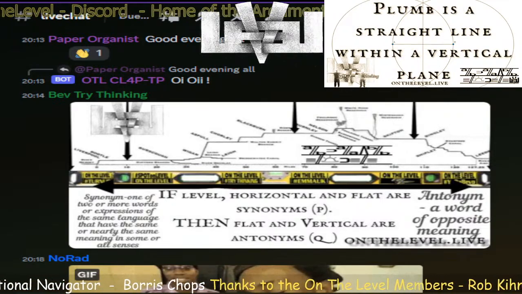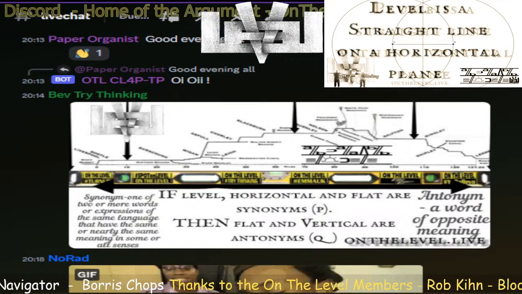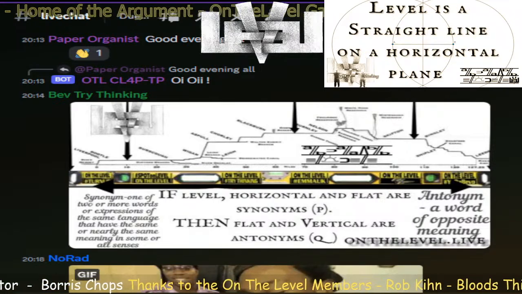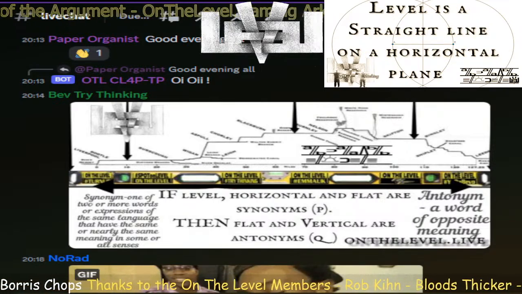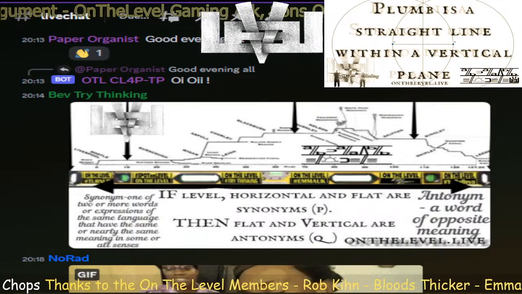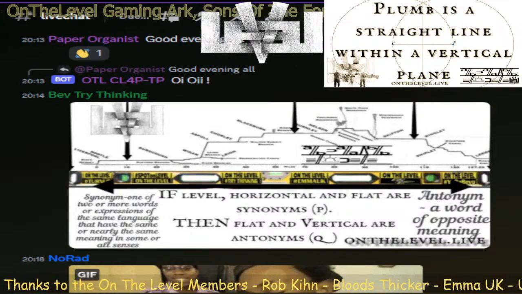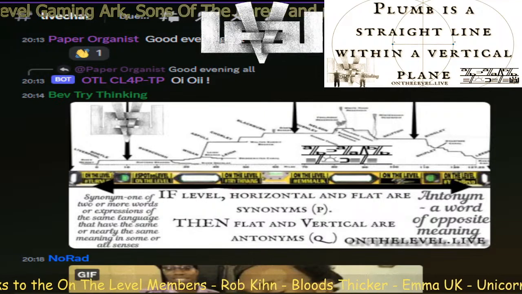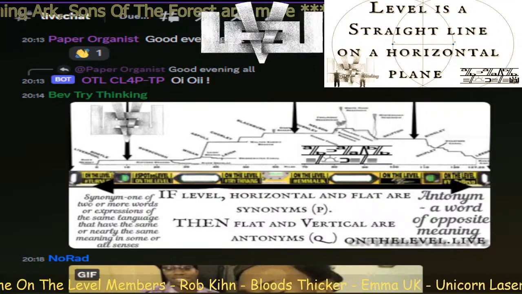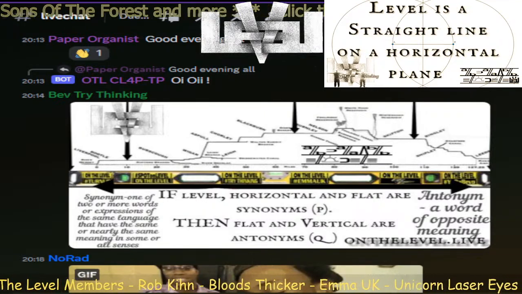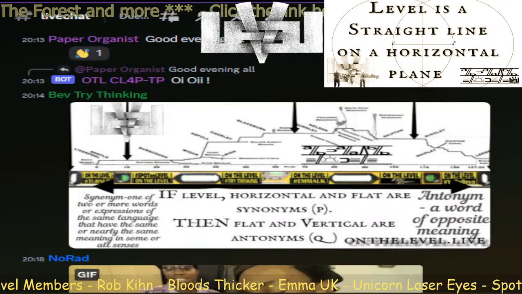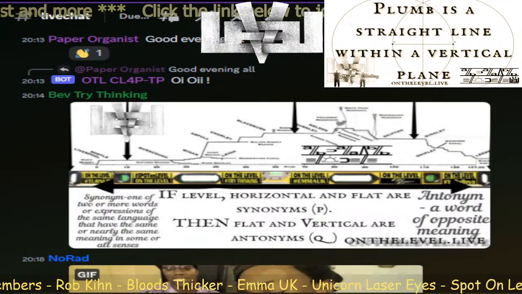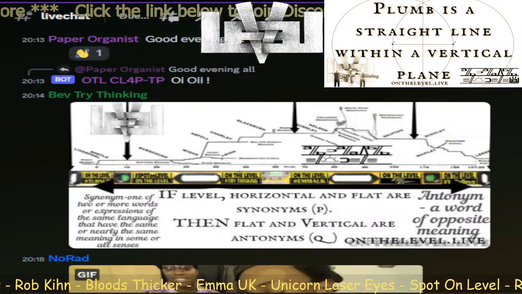Yes, and that's it. It is not allowed because of two different meanings. Some people say, and even the dictionary says, that flat may mean orientation, horizontal. Yes, horizontal, that's orientation.